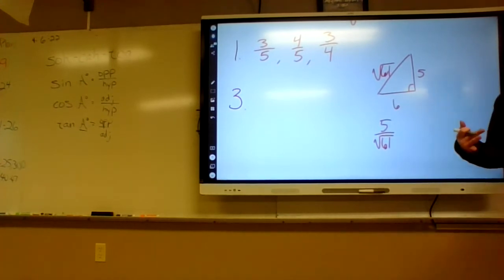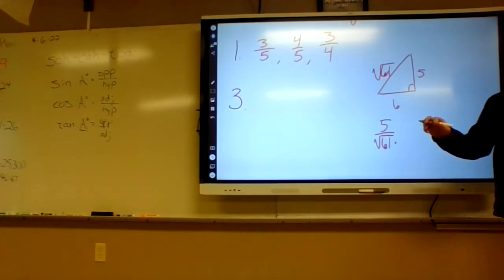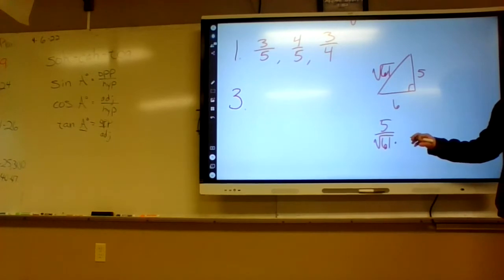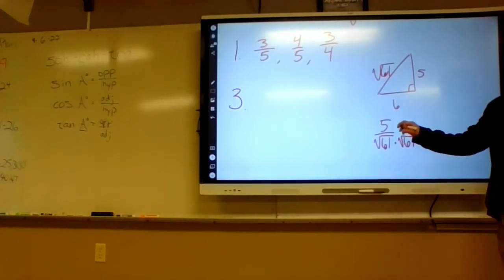Some of your calculators can fix it automatically, but basically all you do is multiply the top and bottom by square root of 61.